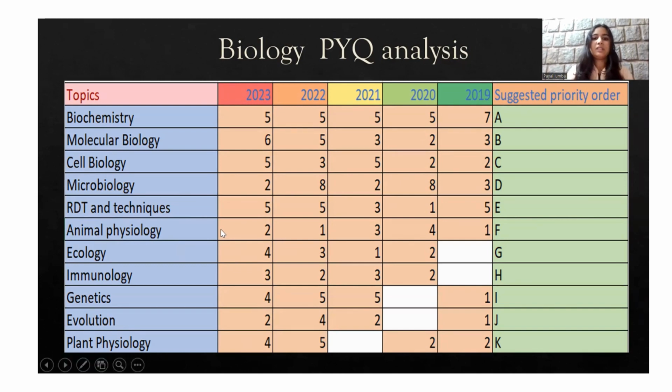In animal physiology, this time they asked questions on double circulation and breathing, exchange of carbon dioxide in the blood and all. Yeah, ecology is a small topic, but don't ignore it because for the past 2 years, they are asking a high number of questions from ecology. So do prepare ecology. It's a very small topic, but it carries 4 or 5 marks.